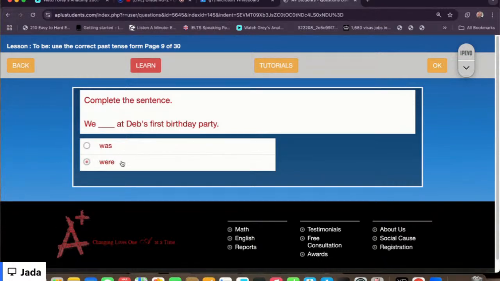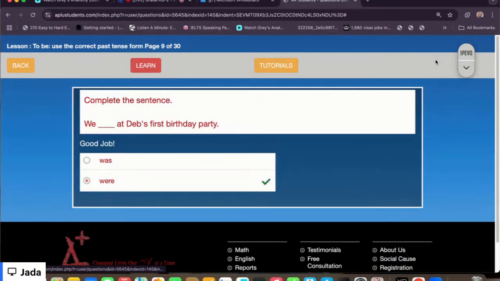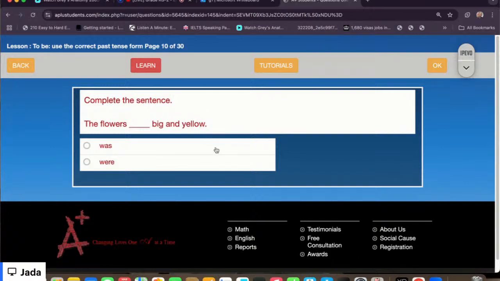Okay, so we were at Deb's birthday party. Okay. Alright, so next up we have the flowers dash big and yellow.